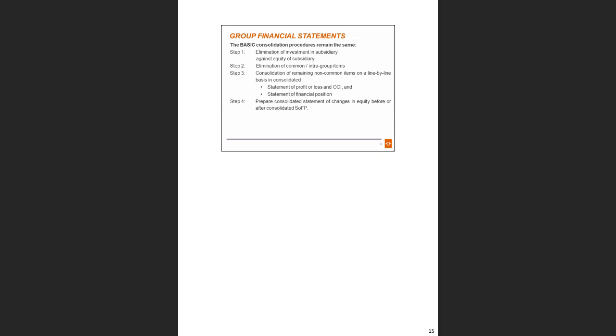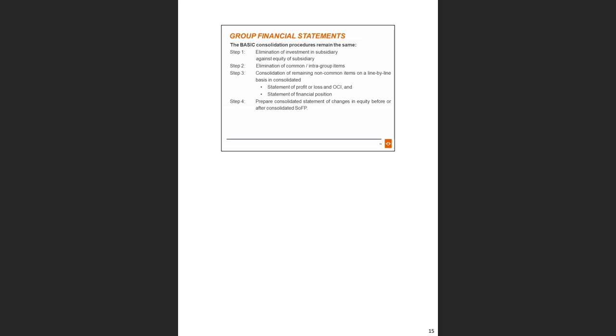So here we are going to eliminate the equity in the subsidiary, its share capital, its retained earnings, any reserve, against the investment amount. We'll see if there's any goodwill or gain on bargain purchase, okay? And we're obviously also going to see if there's any non-controlling interest.